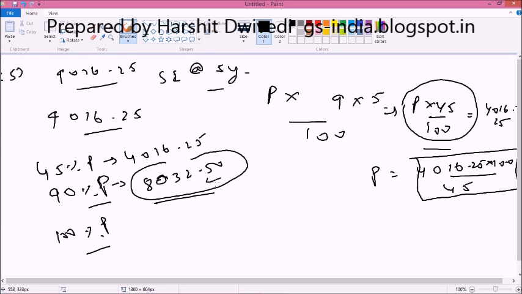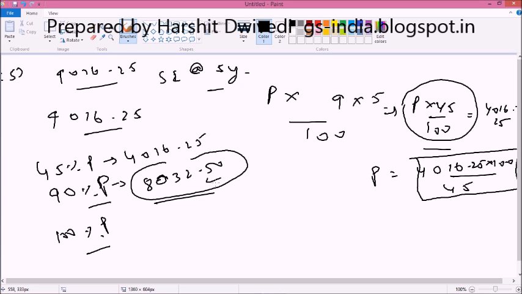Now look at options C and D. Option C is 8900. Option D is 8925. So till now we are able to eliminate options A and B. Why are they not the answer? Because we have just calculated double. And you can understand that till this point you don't need to do any sort of calculation. The rate of interest is 9% and the time period is 5 years.